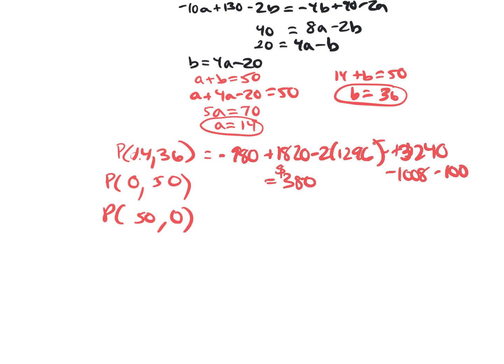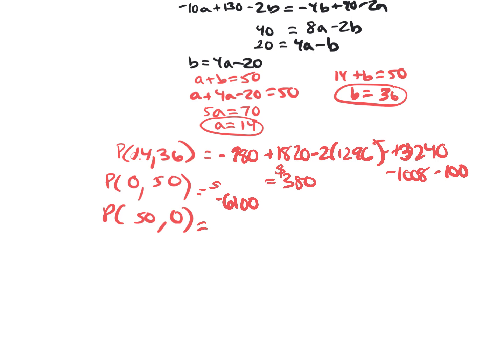However, it's much easier when you plug in 0, 50, because anything that has a is multiplied by a would be 0.